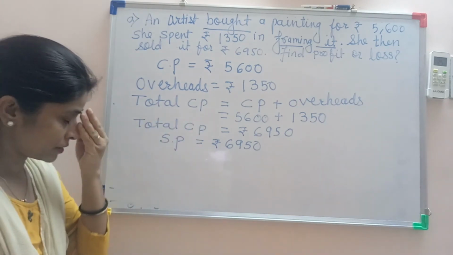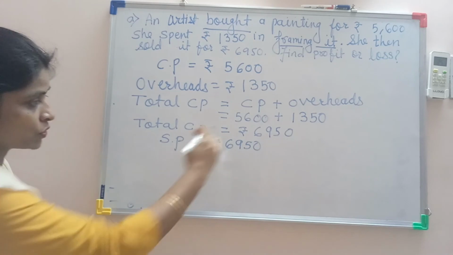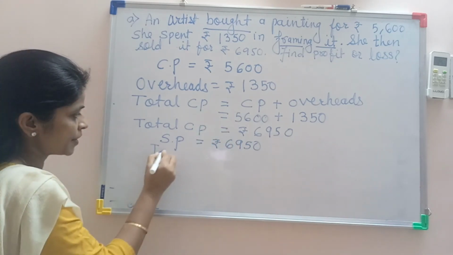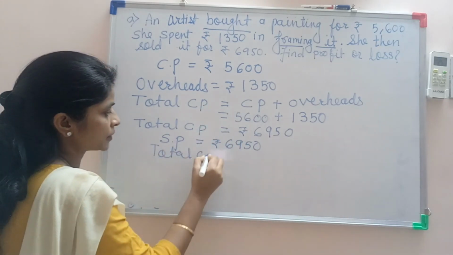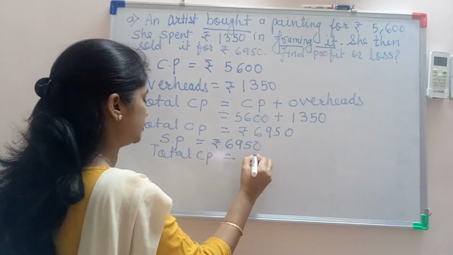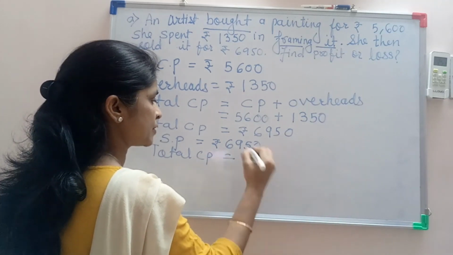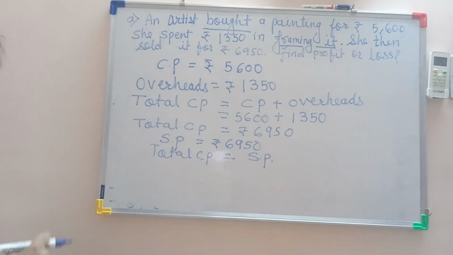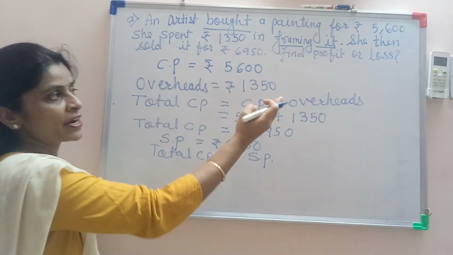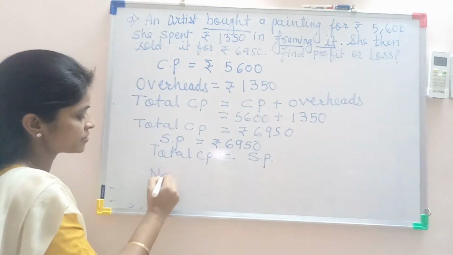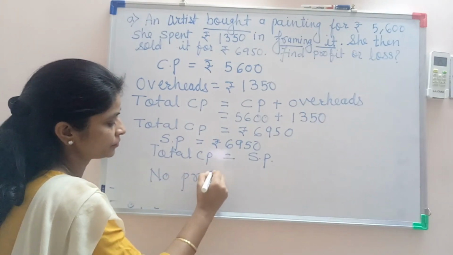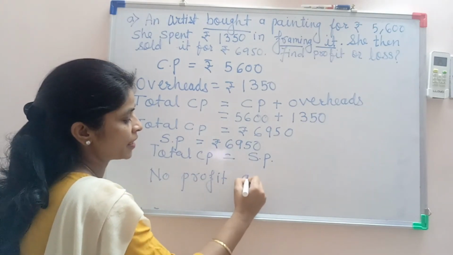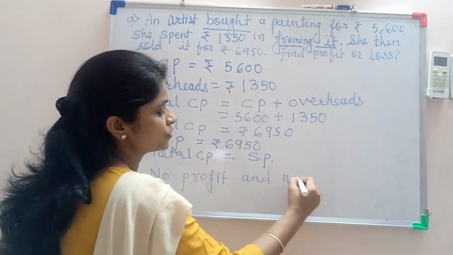Now here both are same. Total CP is equal to SP. Both the prices are same. So there will be no profit and no loss.